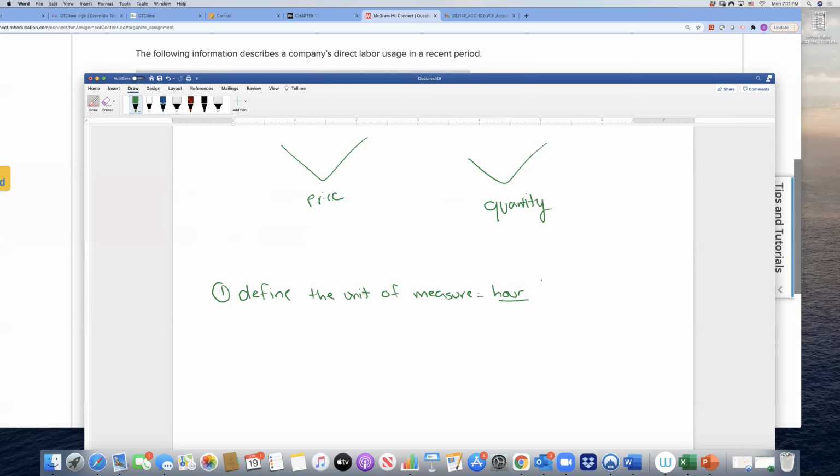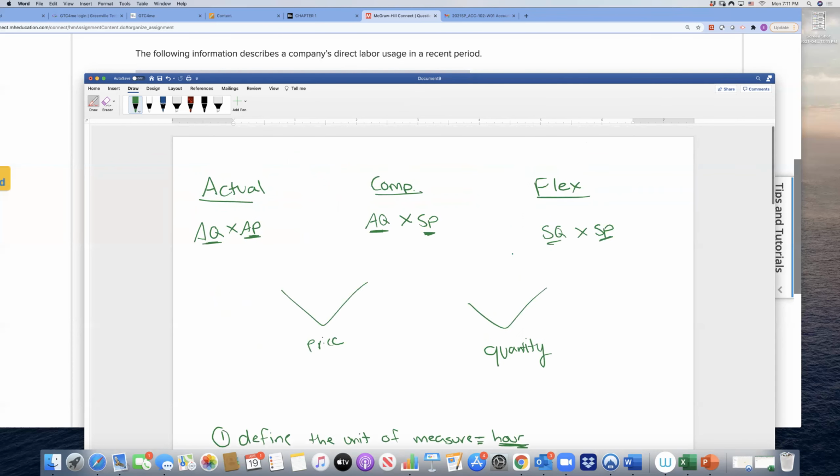And because we're talking about people and their work as opposed to an inanimate object like a pound of material, or a foot of material, or a kilogram or an ounce, we're talking about someone and their work time. So we're going to have a slightly different terminology, but it's not going to change anything that we're doing.